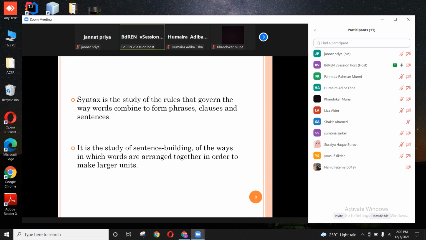If you cannot remember the definition provided by Fromkin and Rodman, in that case, you can remember this short definition. Syntax is the study of sentence formation. Very simple. So you can remember the definition. Syntax is the study of sentence formation.